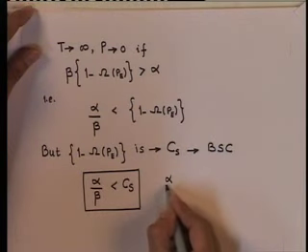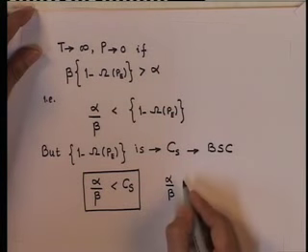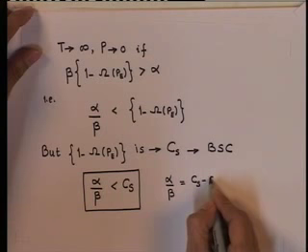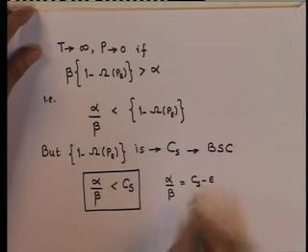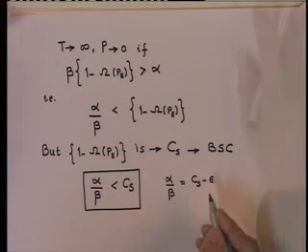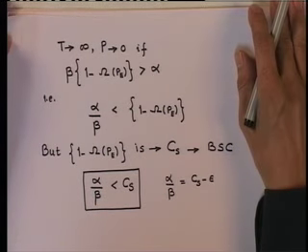We can choose alpha by beta equal to C s minus epsilon, where epsilon is arbitrarily small. So, we have verified Shannon's second theorem of error free communication for a binary symmetric channel.